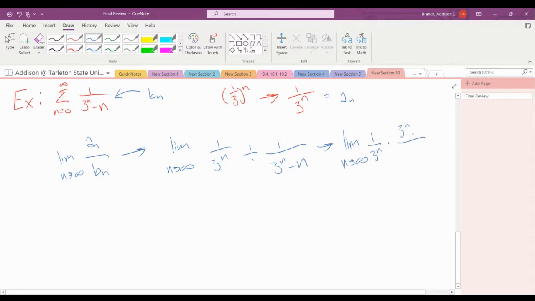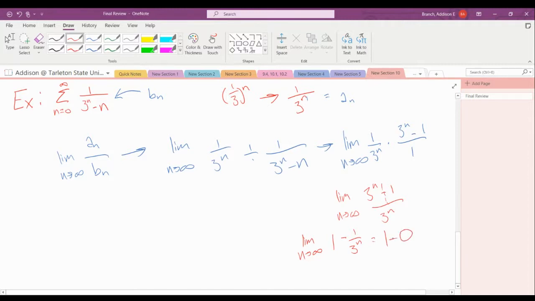We can combine this to get the limit as n approaches infinity of 3 to the n minus n over 3 to the n. We can break this up: 3 to the n over 3 to the n is going to be 1, minus n over 3 to the n.